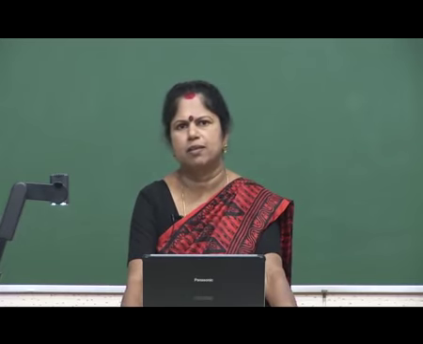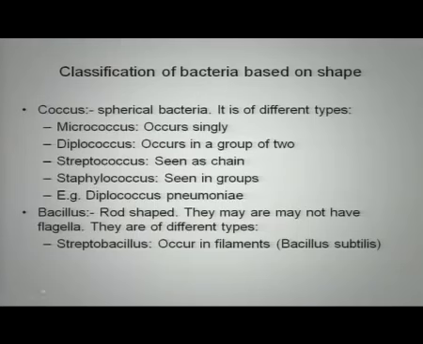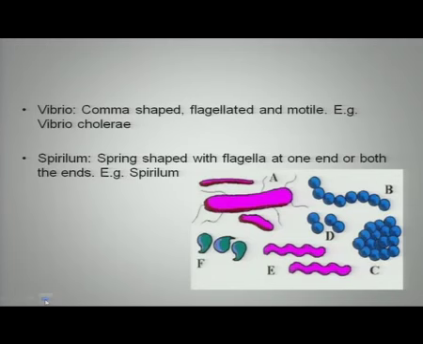Streptobacillus means they are in the form of filaments or chains, for example Bacillus subtilis. Vibrio is comma shaped bacteria. They are flagellated and motile. An example is Vibrio cholerae, causing the disease cholera.